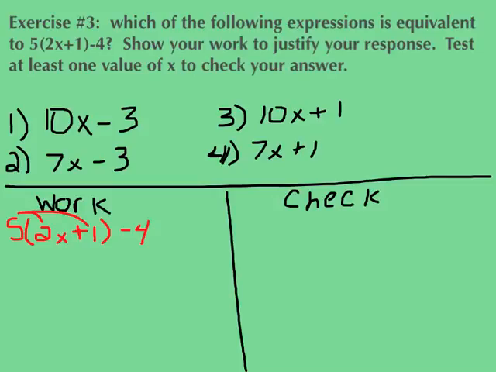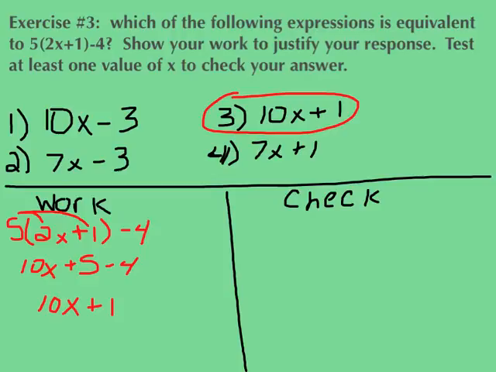Take the 5 and multiply it to the 2x, which gives me 10x, plus 5 times 1 is 5, minus 4. Using PEMDAS, we're going to continue to simplify this expression. 10x plus 1. Noticing that choice 3 is the correct answer.